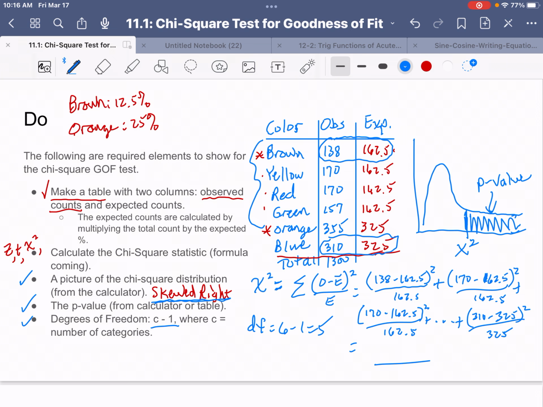All right, so how do we carry out a chi-square test for goodness of fit on the calculator? Well, the first thing you're going to need to do is press pause and enter the observed counts into a list and the expected counts into a list, and then press play, and we'll continue to run the test.